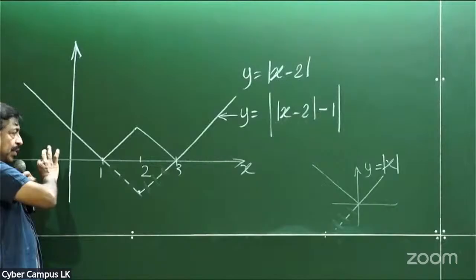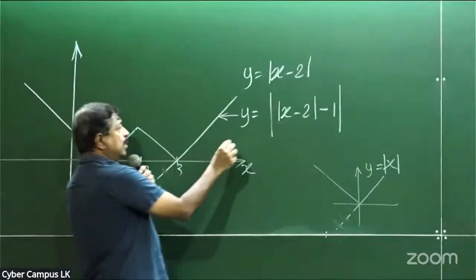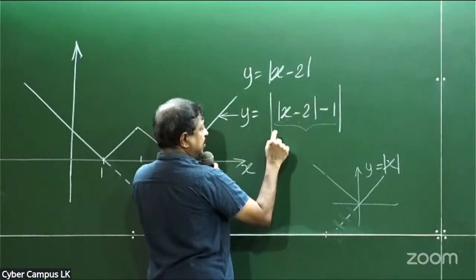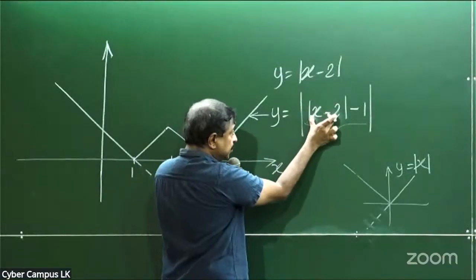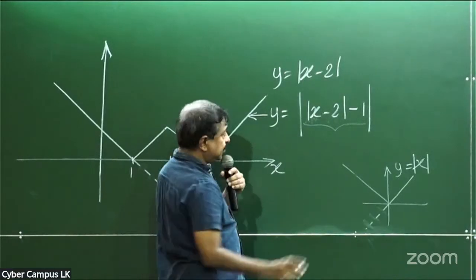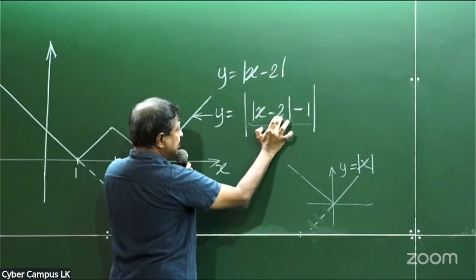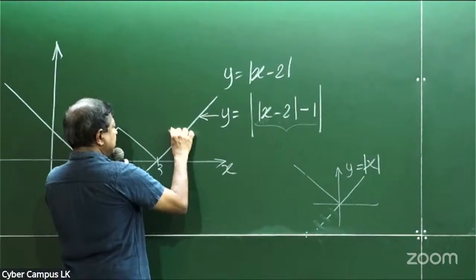We have to find the equations. Now, initially we sketch this. So to the right-hand side, it is represented as it is. So this part will be x minus 2 minus 1, which is x minus 3.